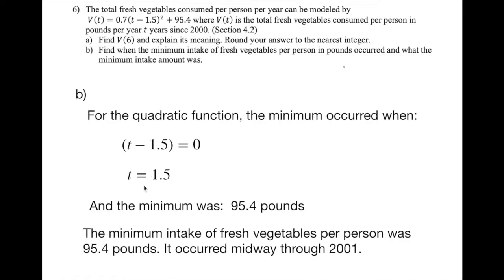So if t equal to 1.5, that means 1.5 years since 2000. What does that mean? That means right in the middle of 2001 and 2002. Should be the midway through 2001. So that's the way t equal to 1.5.